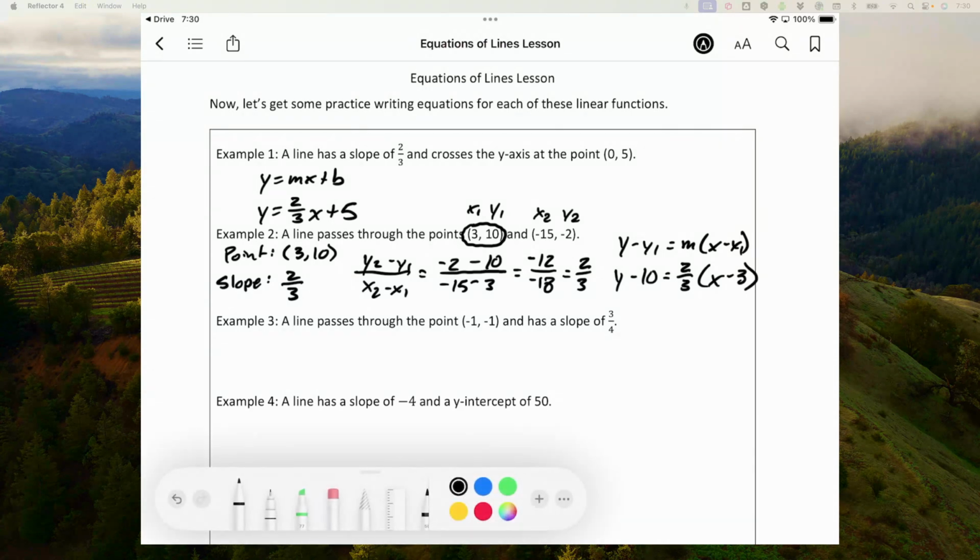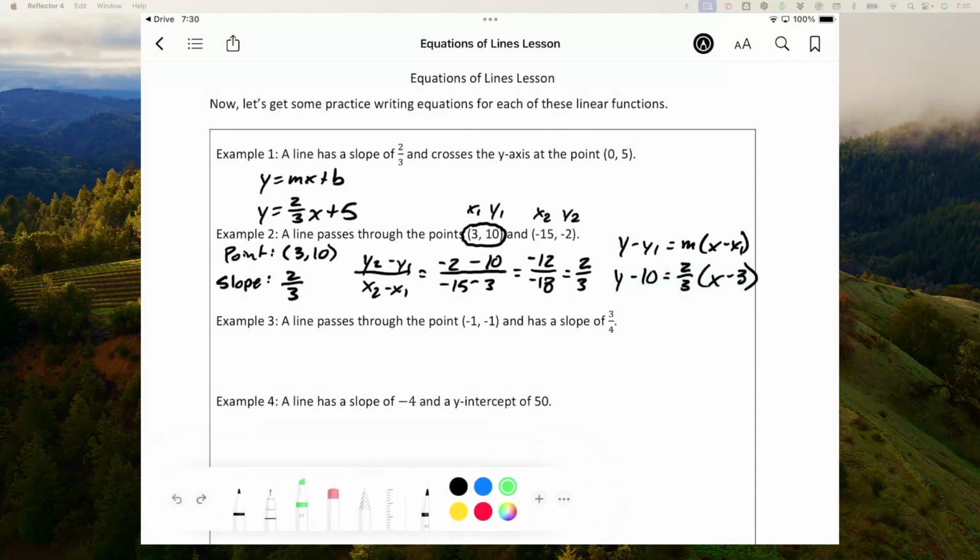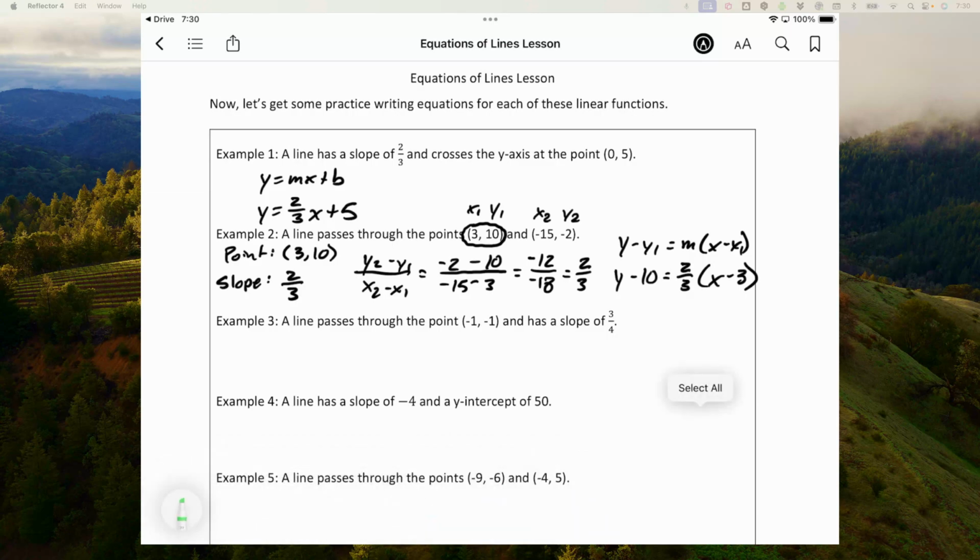And that, as crazy as it looks, is an equation that would represent this line. Recognizing that this looks way more complicated than slope-intercept form, we are going to be figuring out how to connect this more to slope-intercept form later. Let's go ahead and look at our next one.